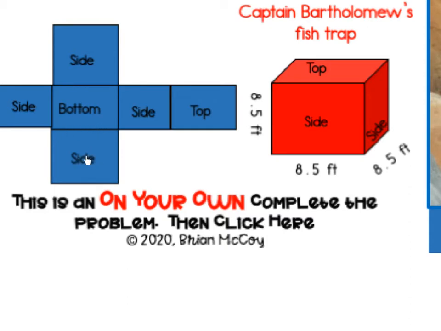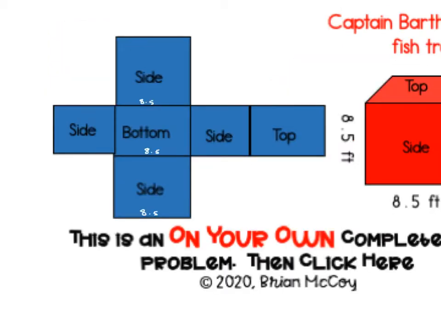So this side here is the inside of this side right here, right? So I know that if this is 8.5, that means this has to be 8.5. Actually, all of these have to be 8.5. Alrighty, so I went ahead and plugged in 8.5 here, here, and here. And these are all feet, but I'm going to just leave the numbers for right now.